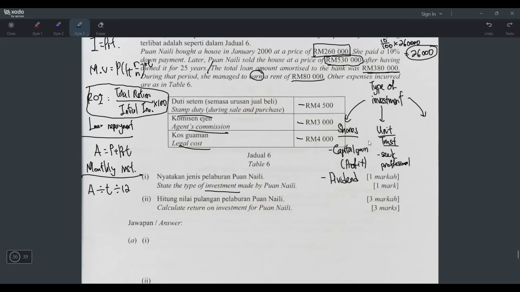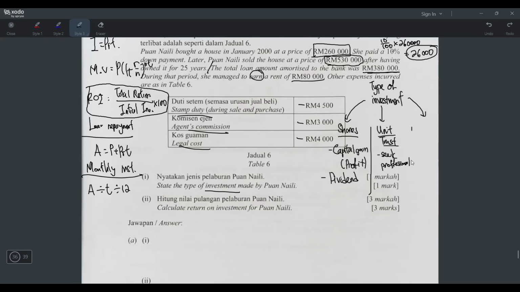It means people who have no knowledge about shares. Because they don't have any knowledge about the shares, they can get help from a unit trust company and ask the professional to do it for them. So the return will come in the same way, in the form of capital gain and dividend. It's just that this one, you ask a professional to do it.